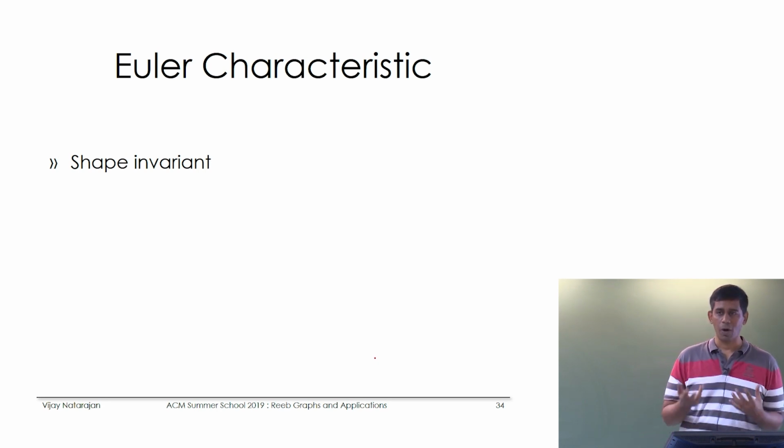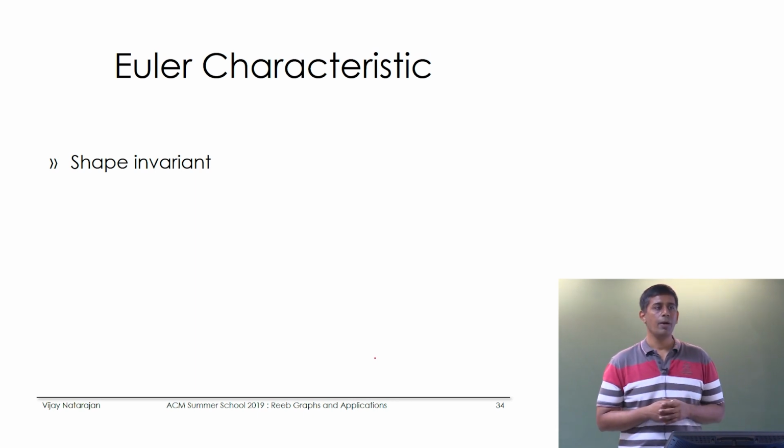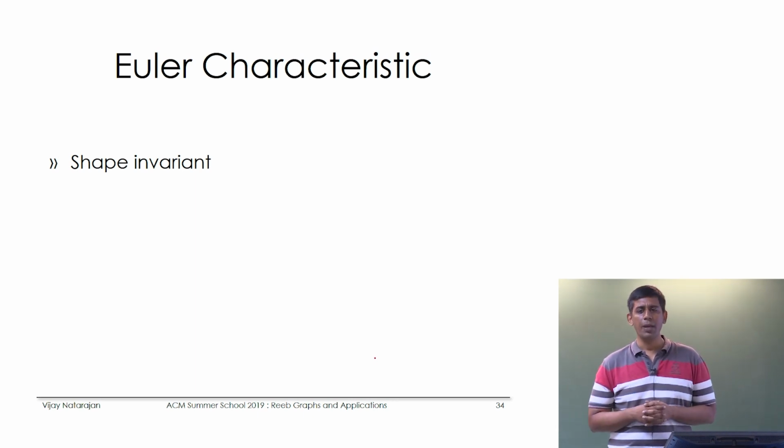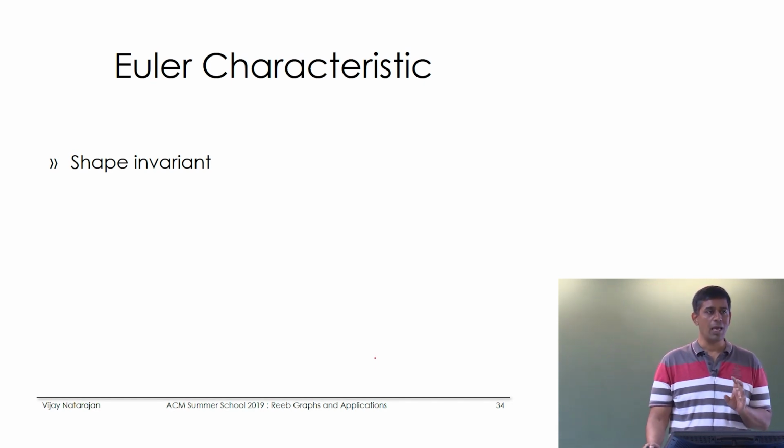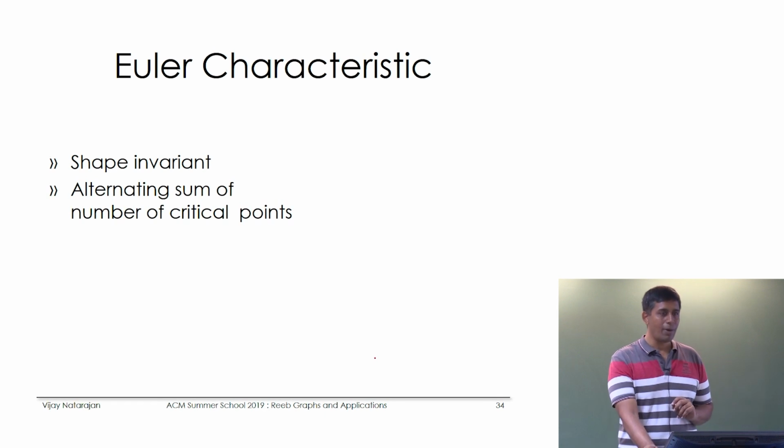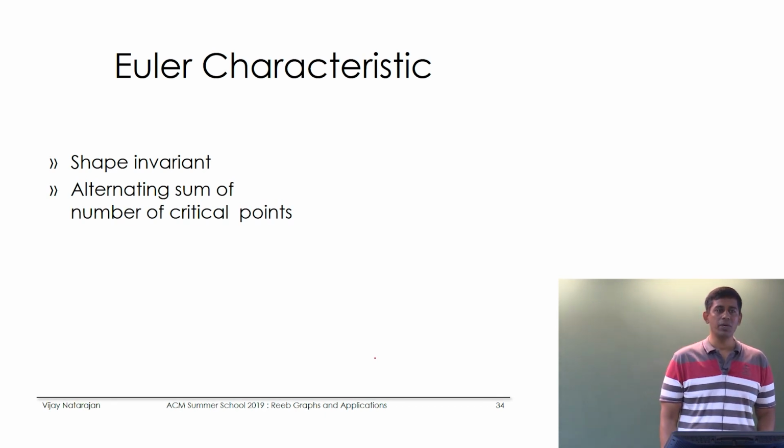It may not be as powerful in high dimensions, but it is still an invariant. It means that if two spaces are topologically equivalent, then their Euler characteristic has to be equal. The statement does not hold the other way. The Euler characteristic may be weak, so two different spaces may have the same Euler characteristic.